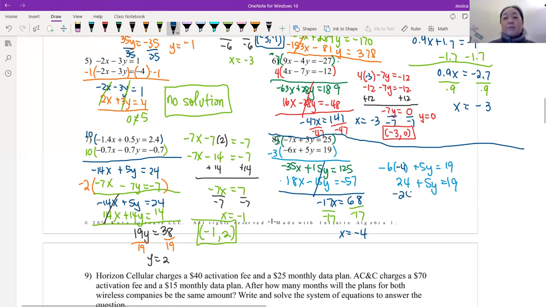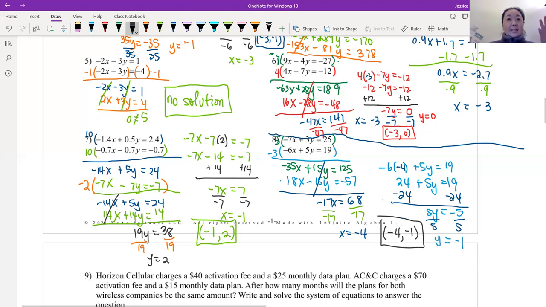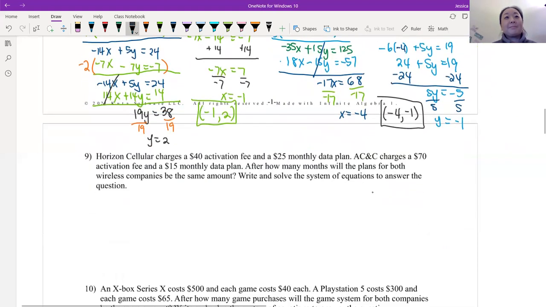So subtract 24. This is always the same. This is going to be 5y is equal to negative 5. And divide by 5, and we get y is equal to negative 1. Which means our point is going to be negative 4, negative 1. Ta-da! All right, we have now finished. We're almost halfway there, guys.